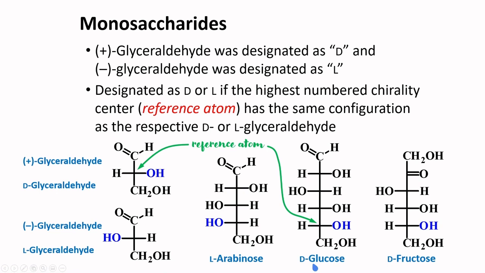By this system, we can call this L-arabinose because the OH group is on the left side, similar to L-glyceraldehyde, and this compound is D-fructose because the OH group connected to the highest numbered chirality center is positioned on the right side.